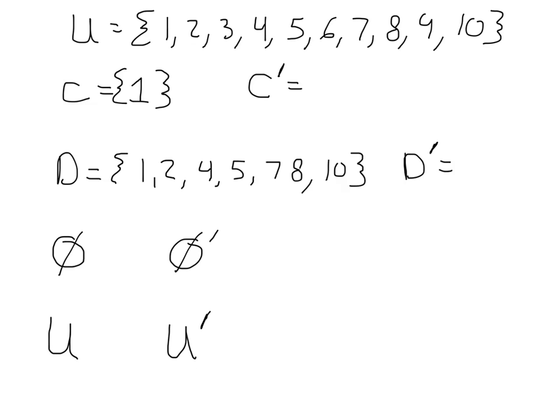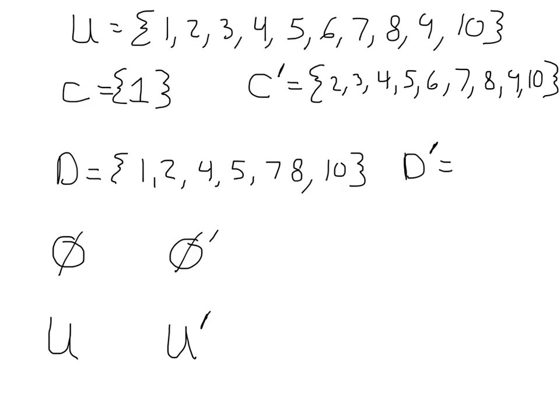Alright, so for the complement of C, we have basically everything except for 1. So 2, 3, 4, 5, 6, 7, 8, 9, 10. The set containing all of those elements is C complement.